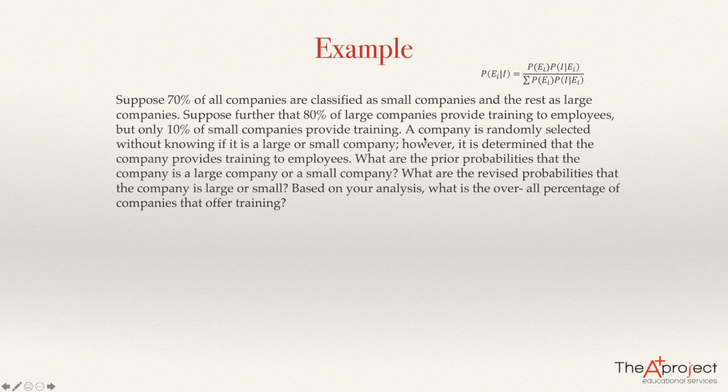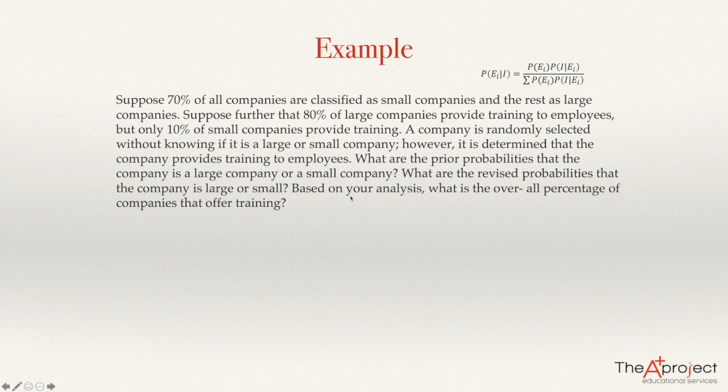A company is randomly selected without knowing if it is a large or a small company. However, it is determined that the company provides training to employees. What are the prior probabilities that the company is a large company or a small company? What are the revised probabilities that the company is large or small?